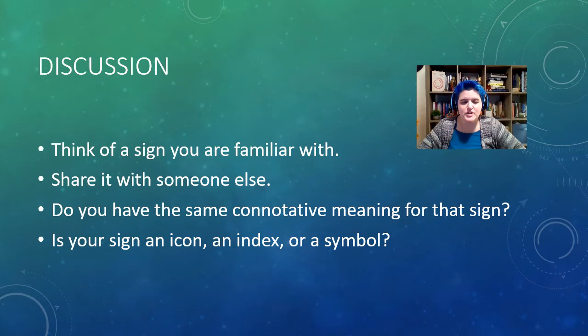So now you should think of a sign that you are familiar with. It can be an icon, an index, or a symbol. And then you need to find a real live human being. They don't need to be physically near you. In fact, it's kind of better if they aren't. You can text them, that's fine. You can Snapchat them, whatever. Share it with another person in some way. And then find out if you and they have the same connotative meaning.